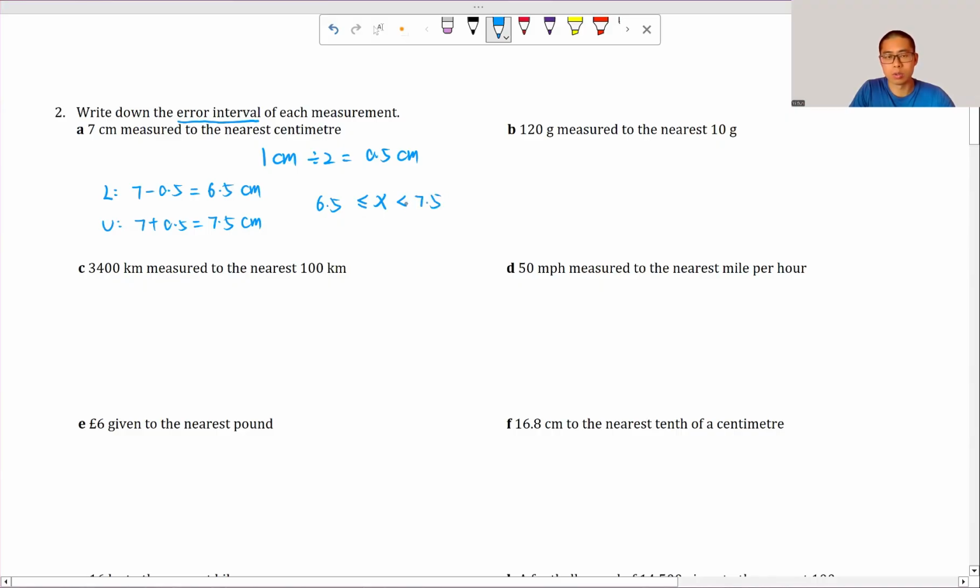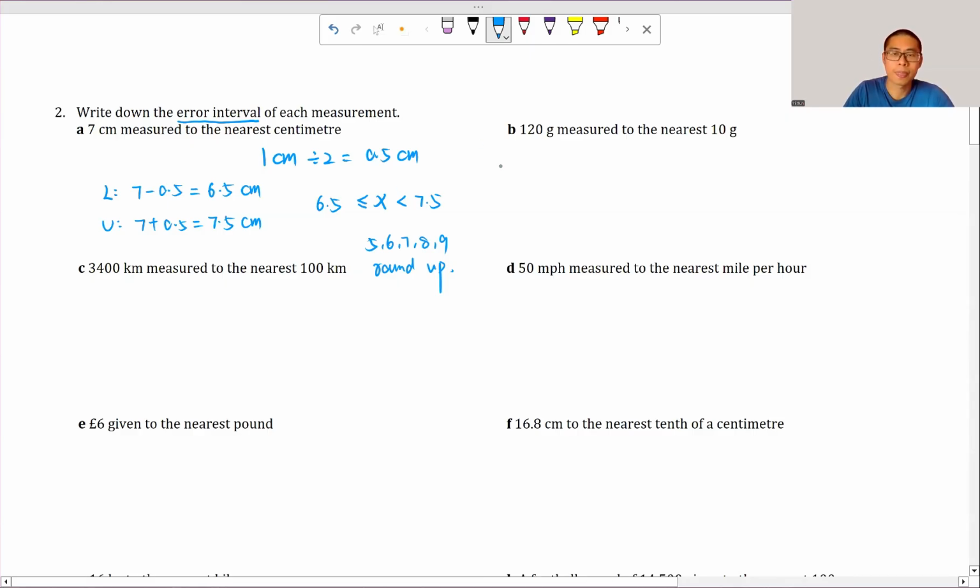The reason we use less than, not less than or equal to, is because 5, 6, 7, 8, 9 will round up. It won't give us 7 if you use 7.5. That's why we don't use 7.5. We just use less than 7.5, because 7.5 will round up to 8, not 7.